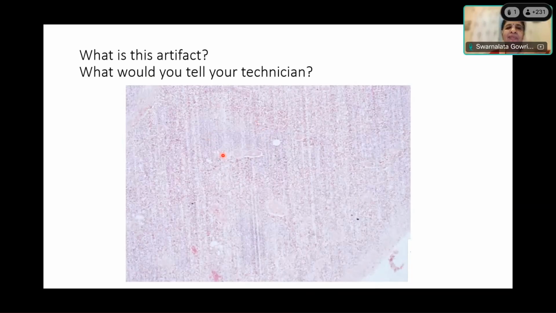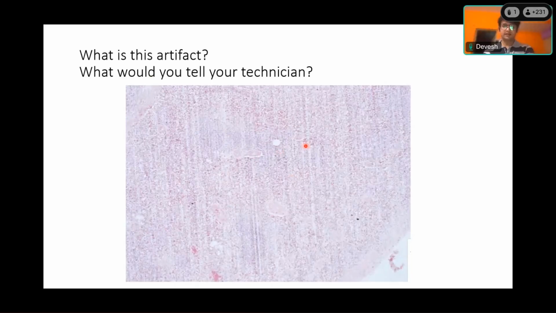What is this artifact? Micro. It's due to the knife cuts.